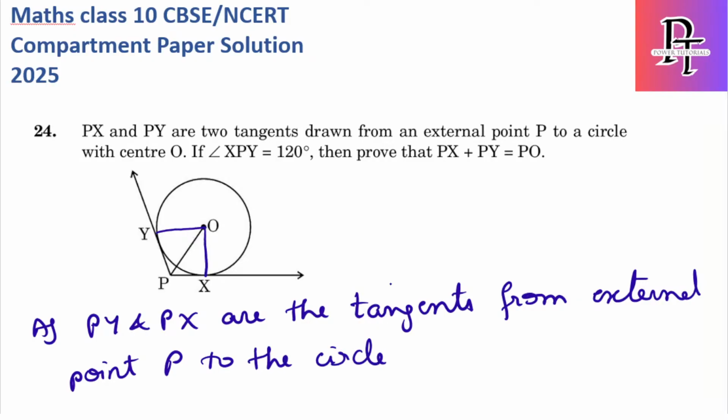If they are from external point P to the circle, then the lengths are equal, which I can say PX is equal to PY.